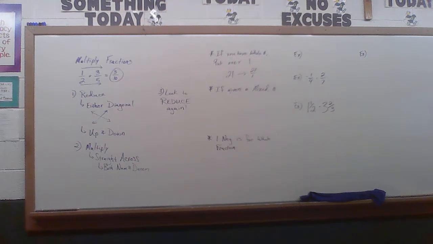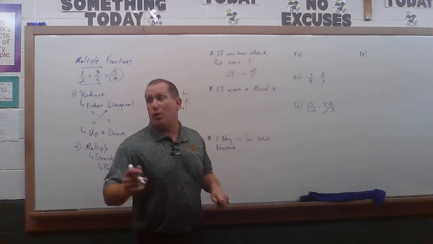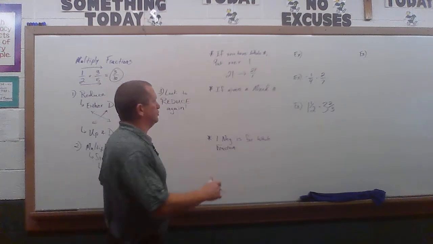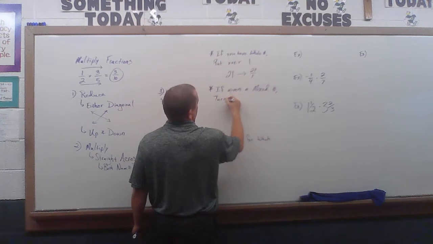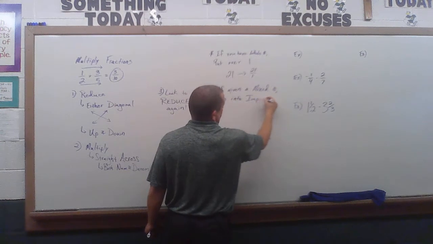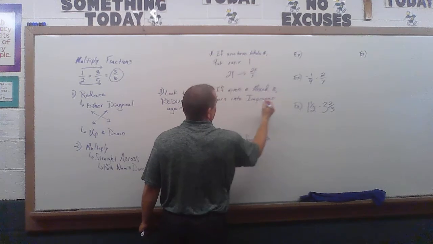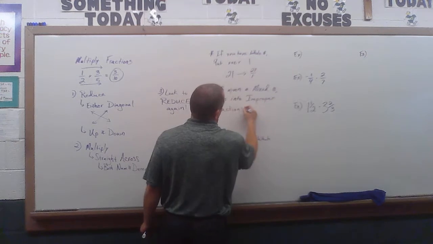The other thing is that if I'm given a mixed number, before I try to reduce or do my multiplication, I want to turn it into an improper fraction. Do not try to simplify or multiply with a mixed number.